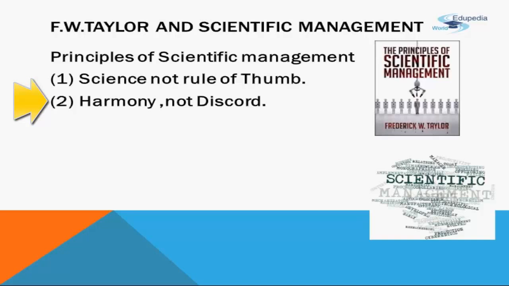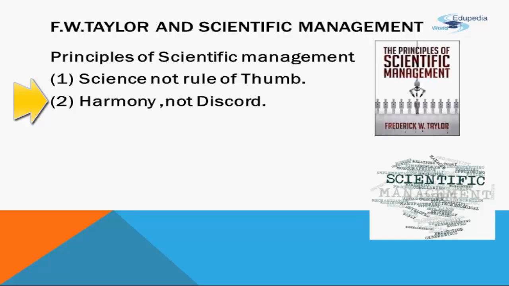That's why mental revolution should always be there. Mental revolution involves a change in the attitude of workers and management towards one another, from competition to cooperation. Both should realize that they require one another and both of them should aim to increase the profits.